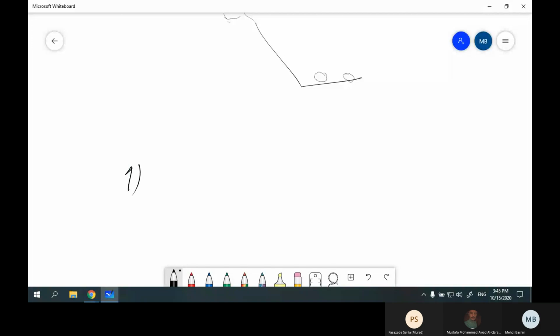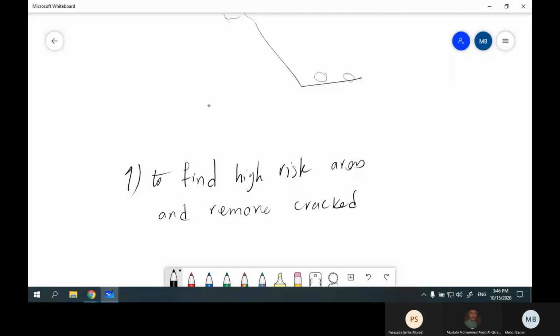The first one is to find high risk areas and remove cracked rocks by ourselves.